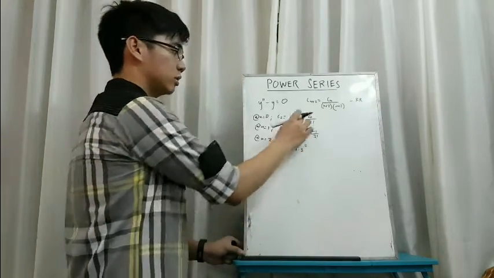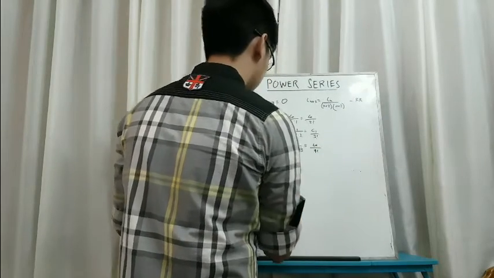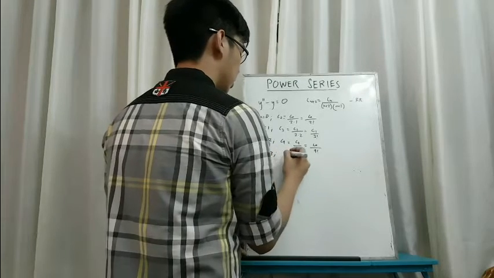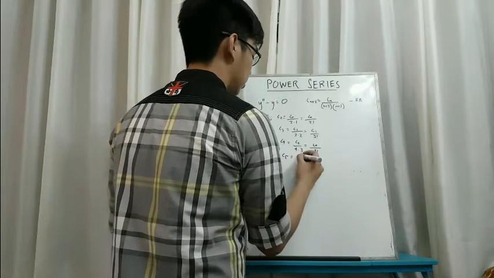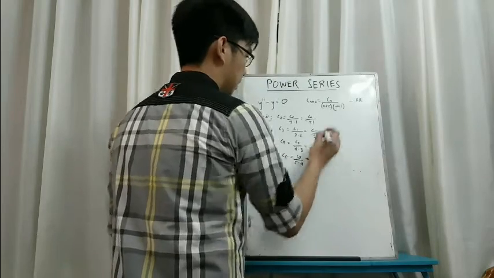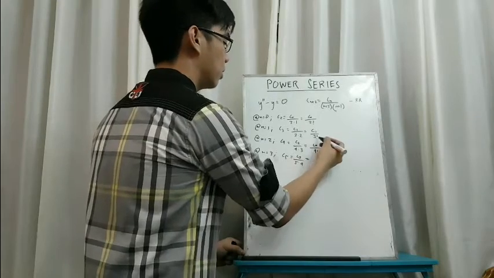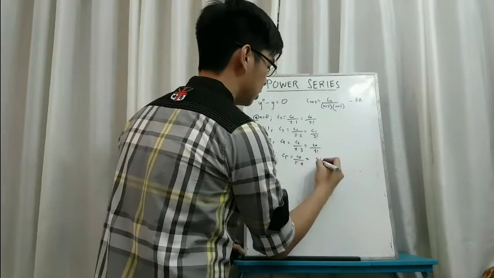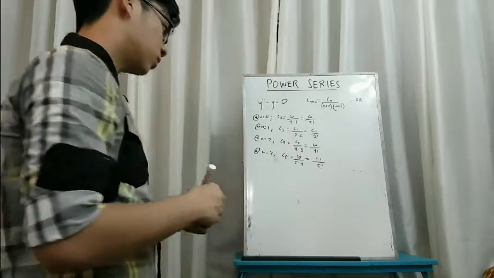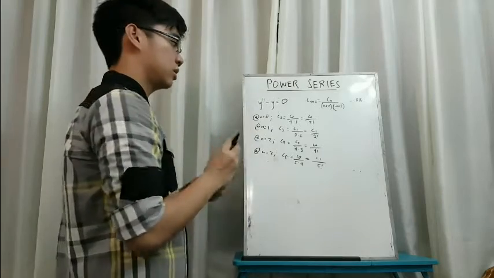Plugging C2 in would give us C0 over 4 factorial. So at n is equal to 3, C5 is equal to C3 over 5 times 4, plugging in values there, and C3 would be C1 over 3 factorial, so this would be C1 over 5 factorial. So our next step would be getting the formula of this.